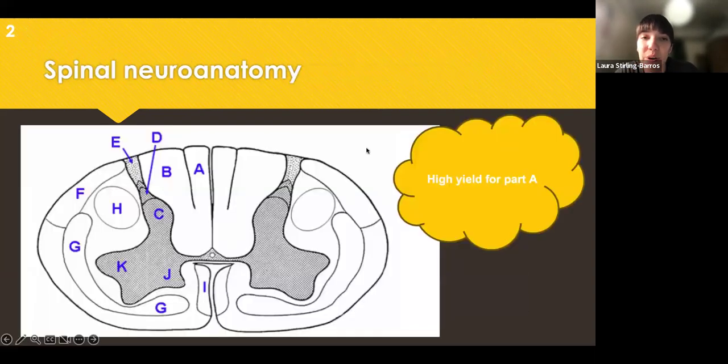And this is very important for part A, because you probably get a diagram like this. So here, the dorsal column is here at the back, whereas the anterolateral system is here anterolaterally. And how can you tell that this is anterior or ventral and this is dorsal?